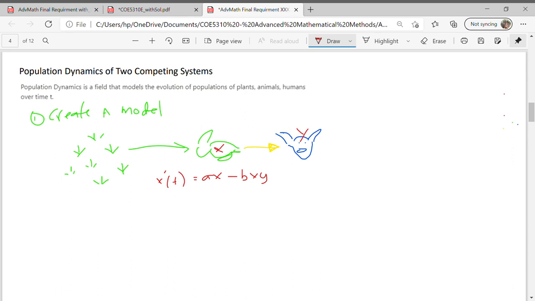For the second equation, for the foxes, our foxes will decrease when there is no rabbit.